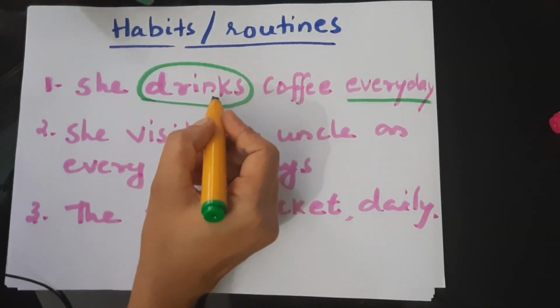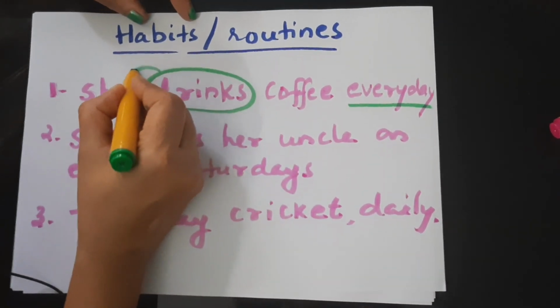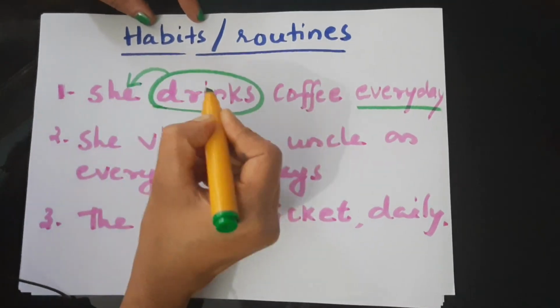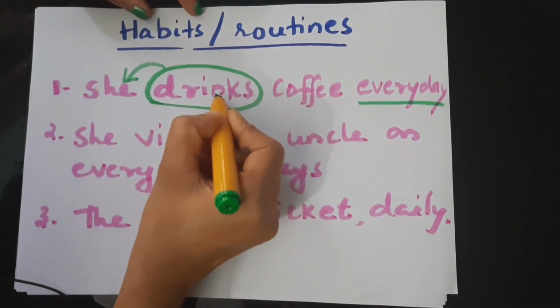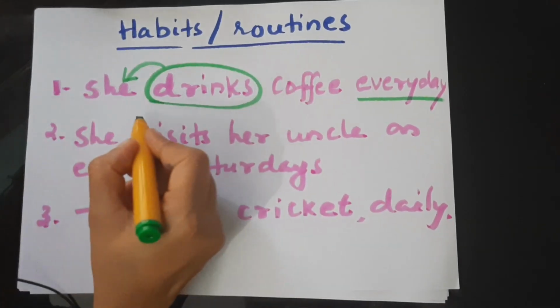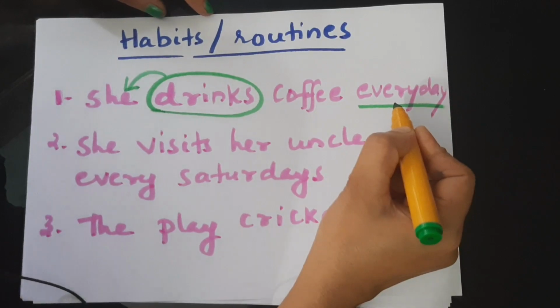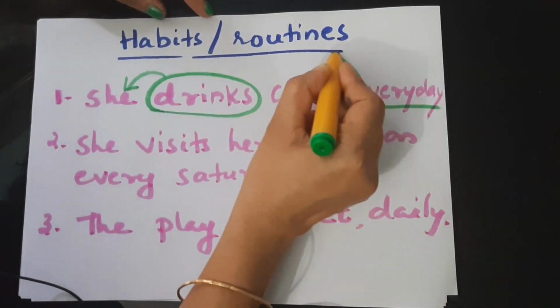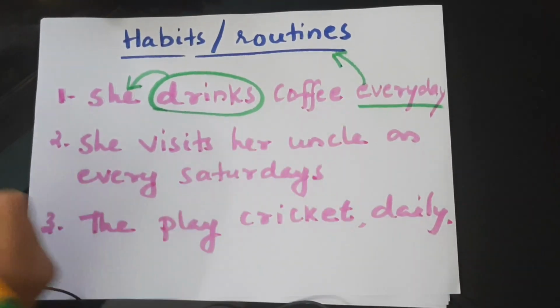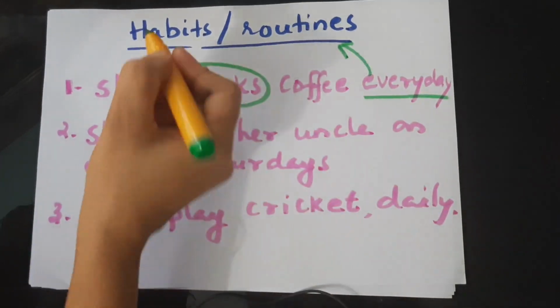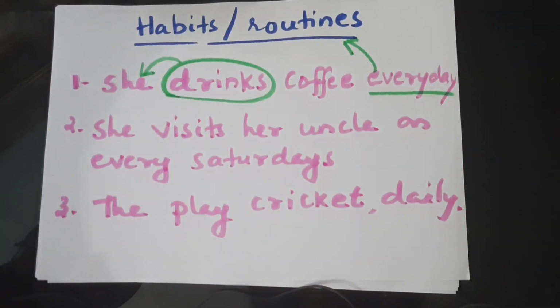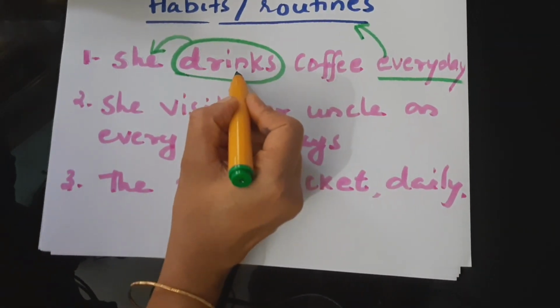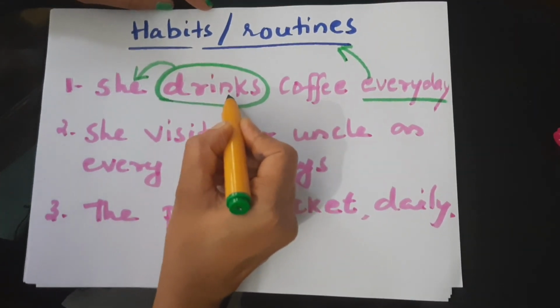It's simple present tense. Since the subject is singular, we used the singular verb drinks. She drinks coffee every day means it is her routine. It's a part of her routine, drinking coffee. It's a habitual action. So that's why we used simple present tense here.